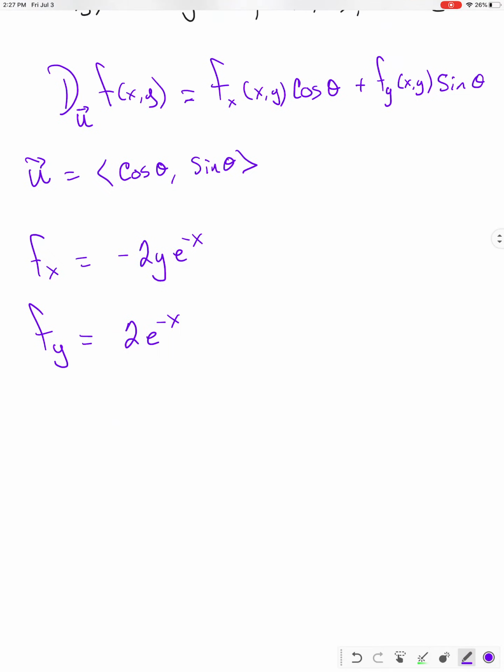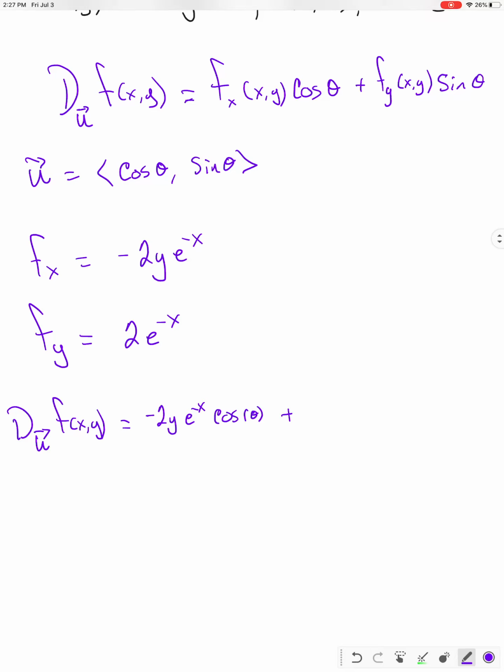Okay, so then my directional derivative of f of x and y is equal to the partial derivative of f with respect to x, so minus 2y e to the negative x times cosine of theta.